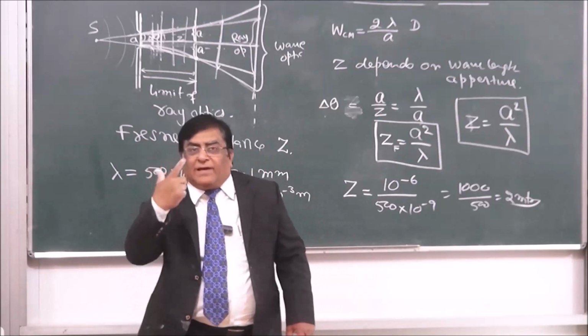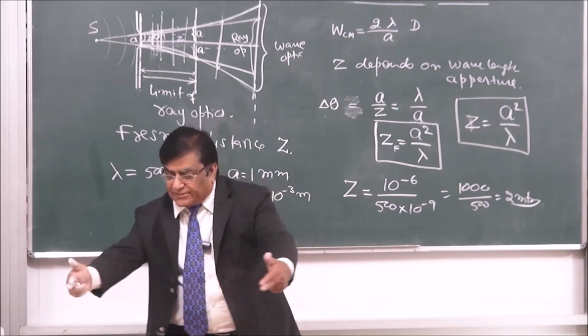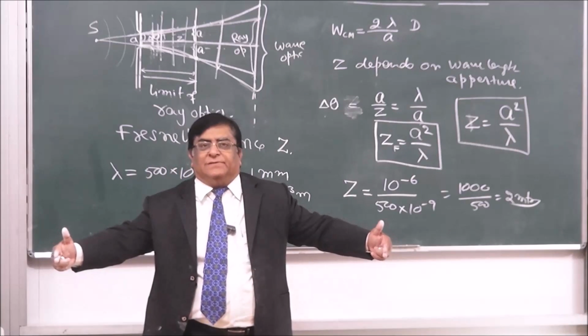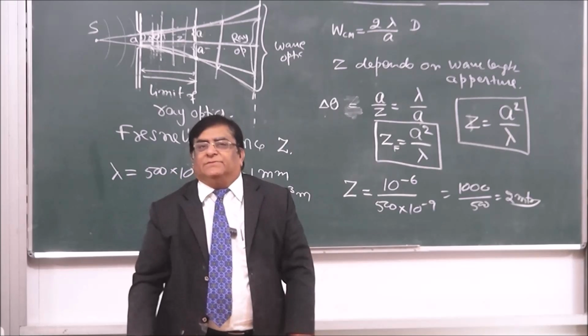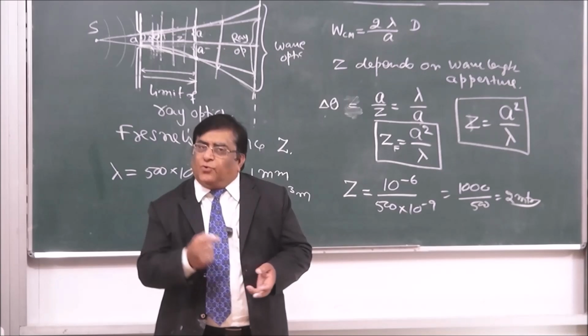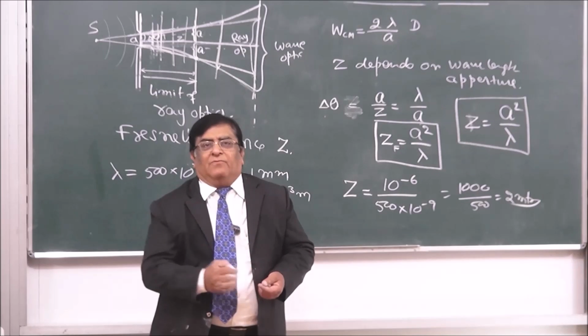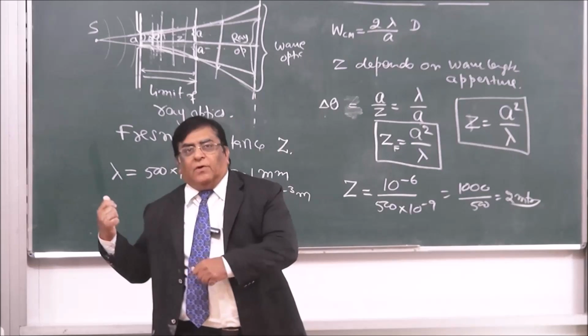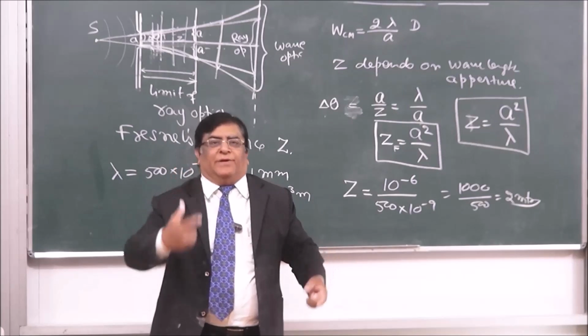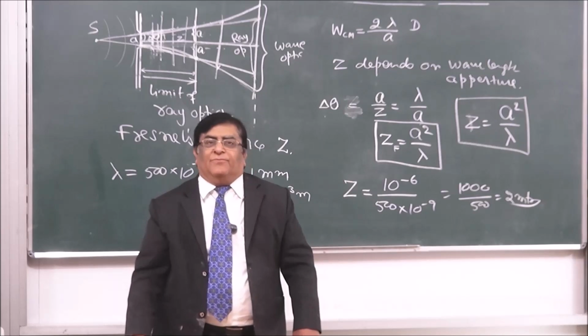That means for my eyes, if I measure the things up to 2 meter, then I should make all my drawings with ray optics methods. Yes, so that is why in our lab, whenever we want to find out an image on my copy, on my board, all these things are within 2, 3, 4 meters. So I take help of ray optics.